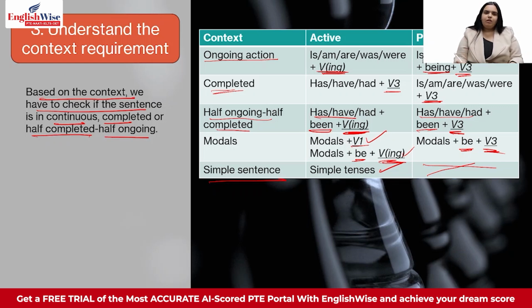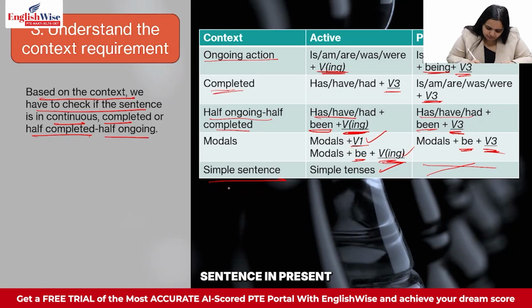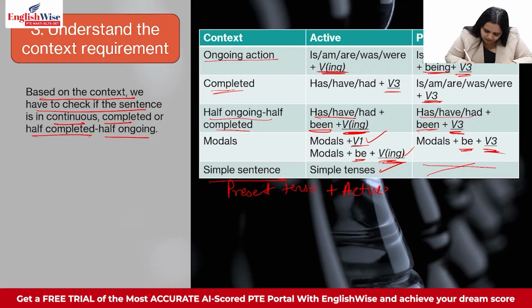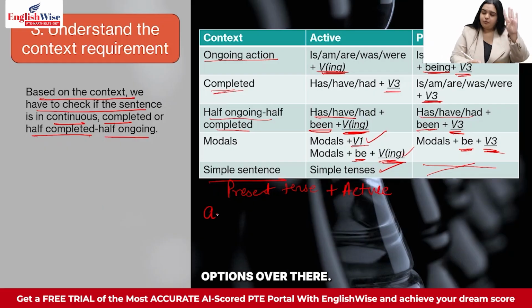Okay. Now let us understand this. Let's say suppose you are stuck in a situation where you have a sentence in present tense plus it is an active voice. Okay. And you have been given these four options over there.